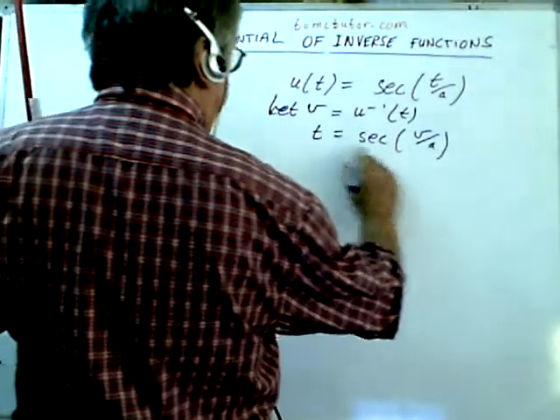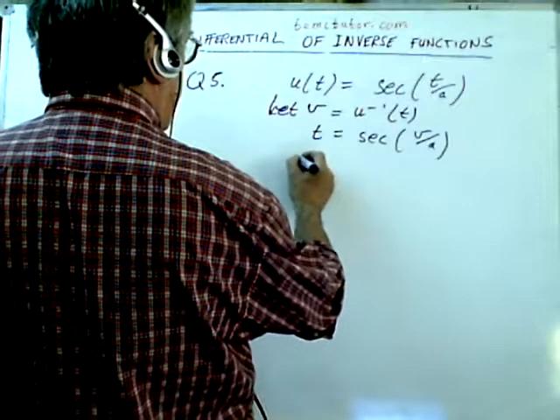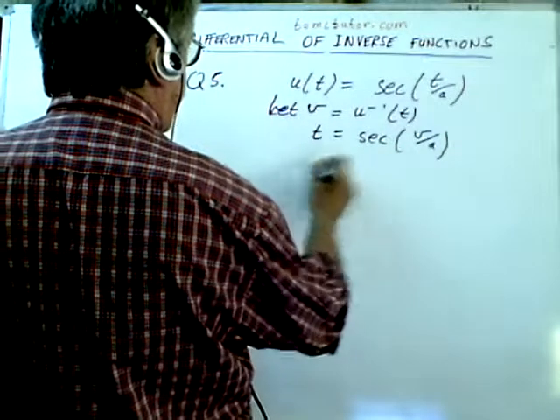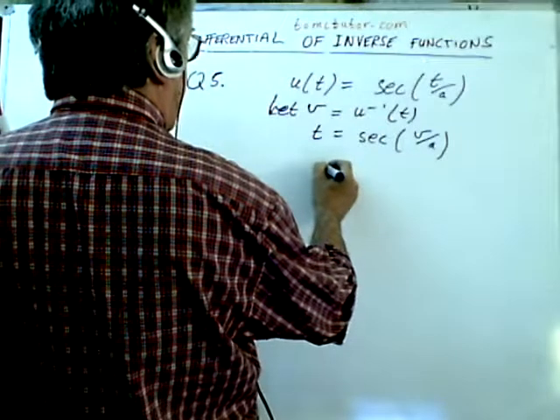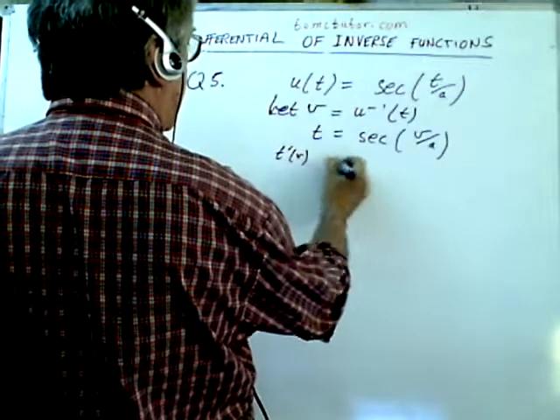So we differentiate this function. When I differentiate that, I'm going to get t dash in terms of v.